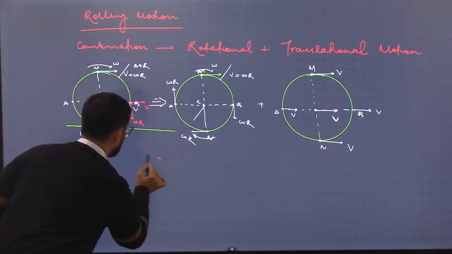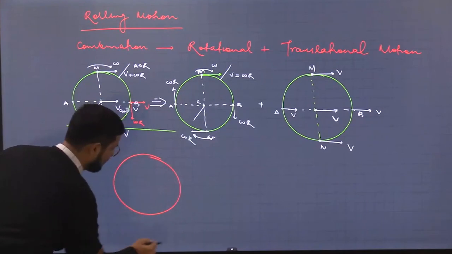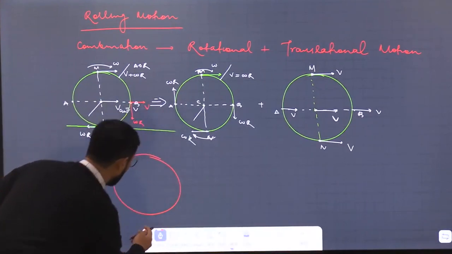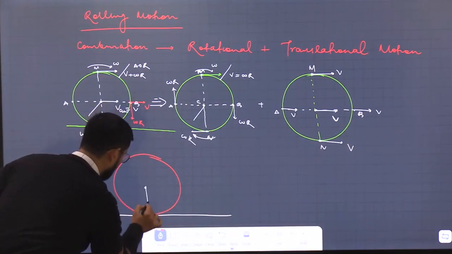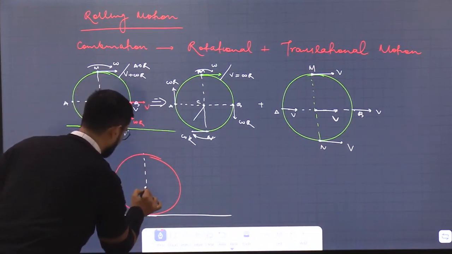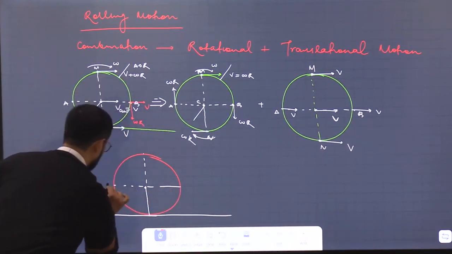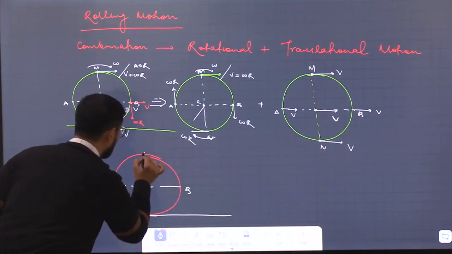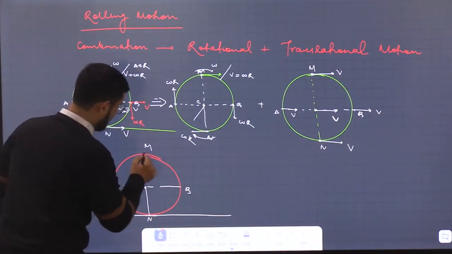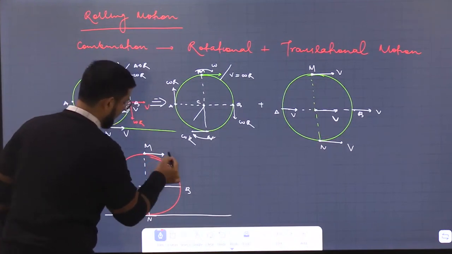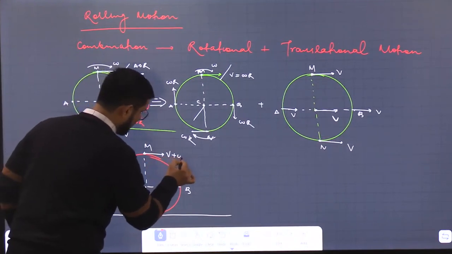A neat diagram would be better to draw. So this is in pure rolling, right? These points are A, B, M, and N. So this point M will have two components of velocity, V plus omega r.